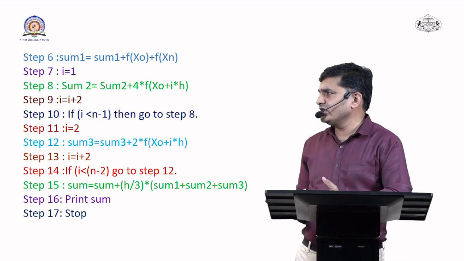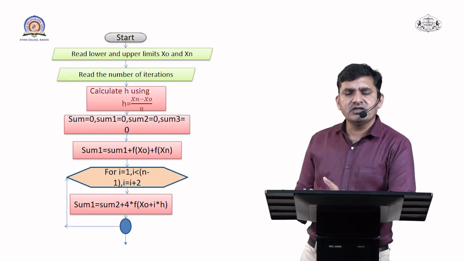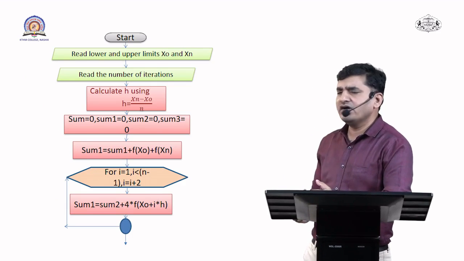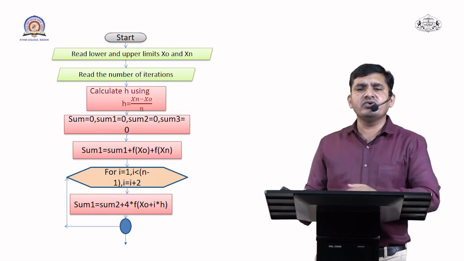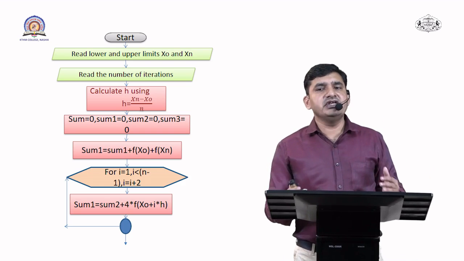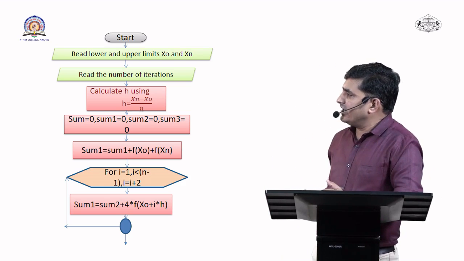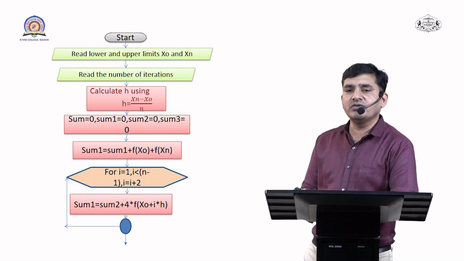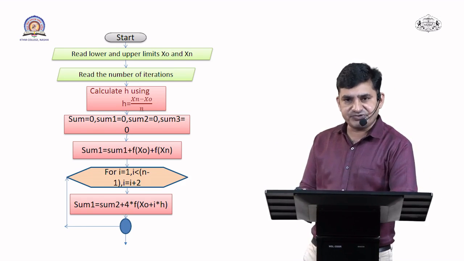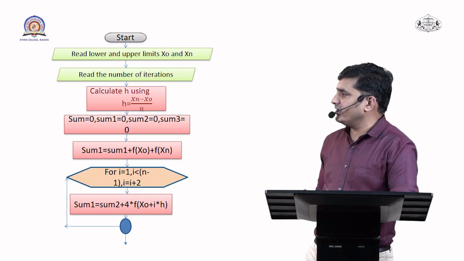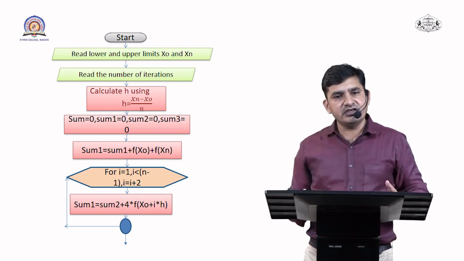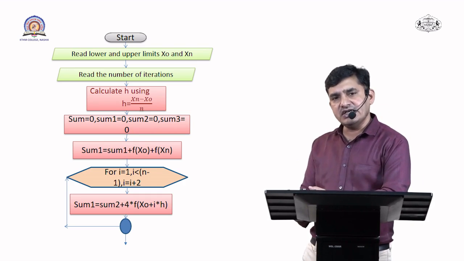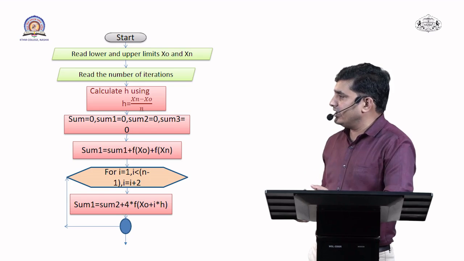Now we have to see what is the flowchart. First step is again start, then read the lower limit, that is x0, and the upper limit, that is xn. Then read the number of iterations or number of strips, that is the value of n. Then calculate the step size by using the formula, that is h is equal to xn minus x0 divided by n.